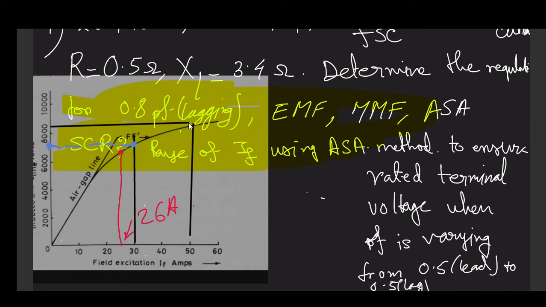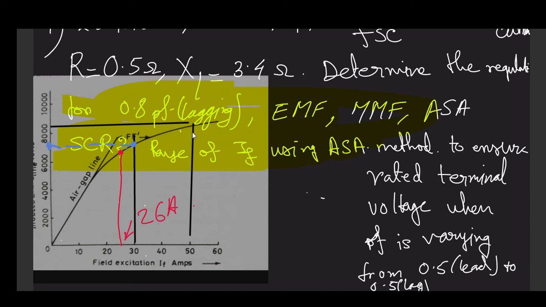What I am trying to say is that basically it is all about this slope. Here you assume that the slope is more or less like this.